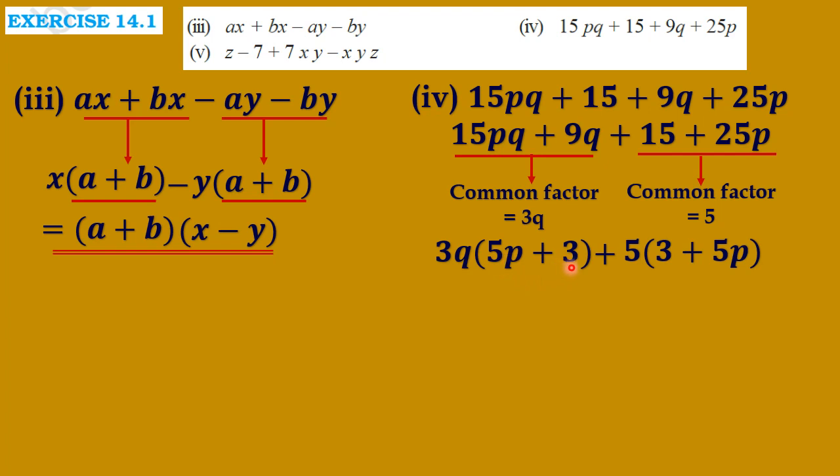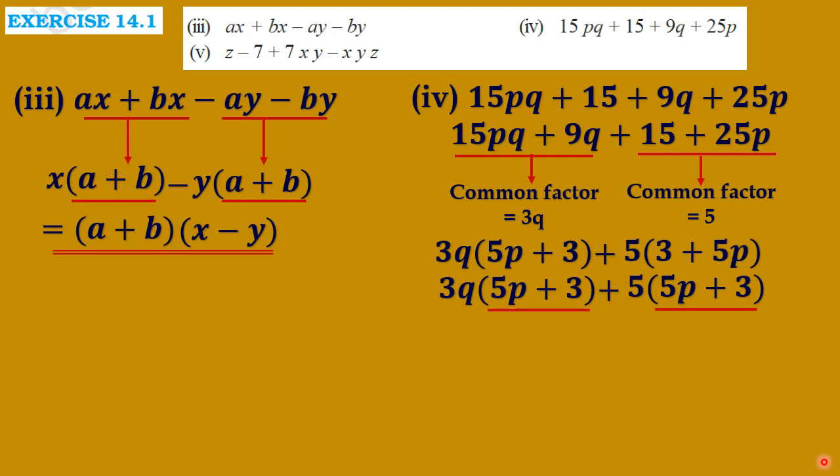So 5p plus 3 is the same as 3 plus 5p, but if you want, you can rearrange and write it as 5 into 5p plus 3. Now 5p plus 3 is common in both. Take it out. So what will be left? 3q plus 5. That's all.